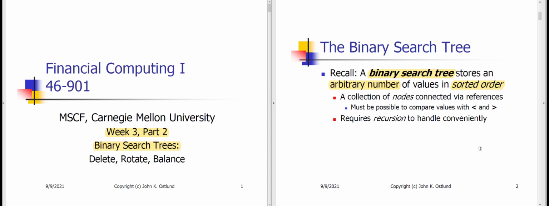Each of the values in the binary search tree is typically unique, although that's not strictly required. And a binary search tree is implemented as a collection of nodes hooked together with references. Okay? In order for us to be able to construct a sorted binary search tree, we have to have at least a less than comparison between the values.